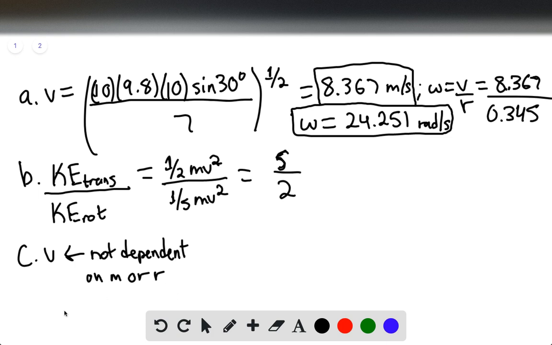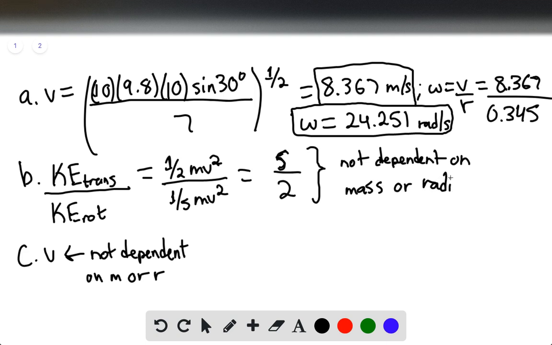And then it's asking us, how about this one? Well, this right here is also not dependent on mass or radius. However, omega, which is equal to v over r, is not dependent on mass, but it is dependent on radius.